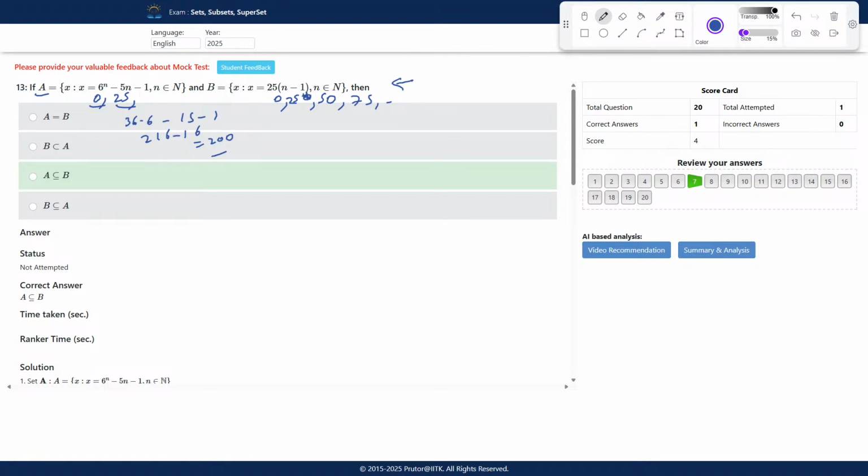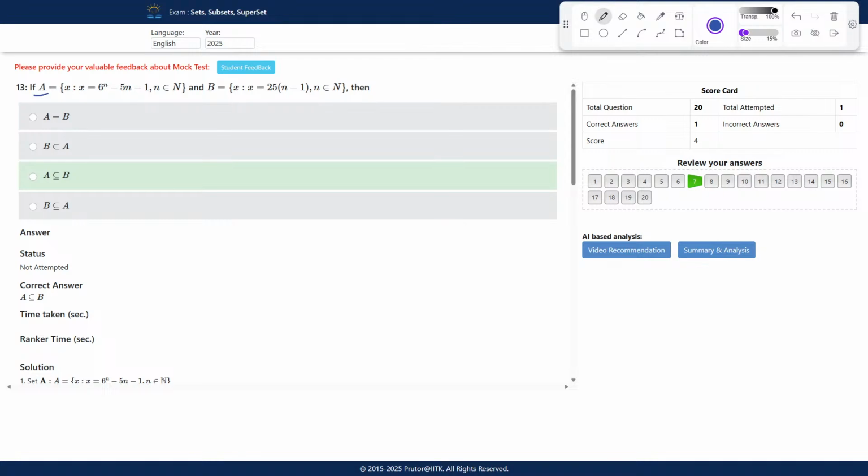So option C will be the correct option. Anybody facing any problem? Let me know. The direct approach for this is very simple: write some of the elements and try to see in which set we are having extra elements, and that set will be our superset. The approach is the same, just writing out a few elements.